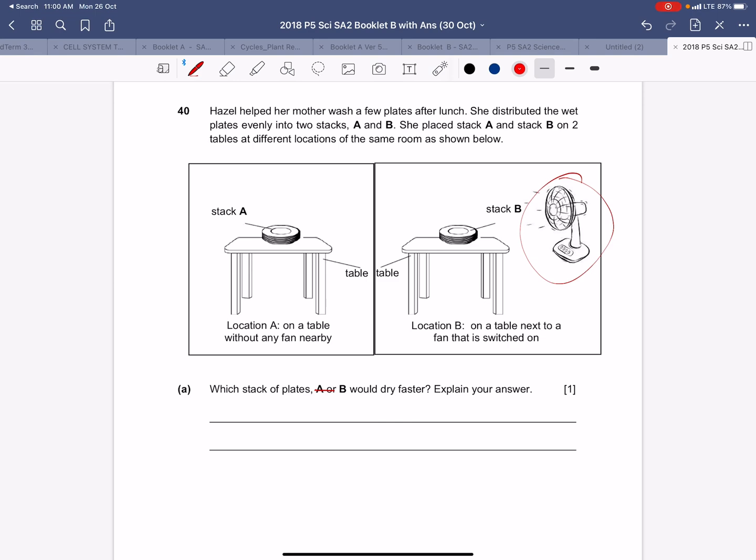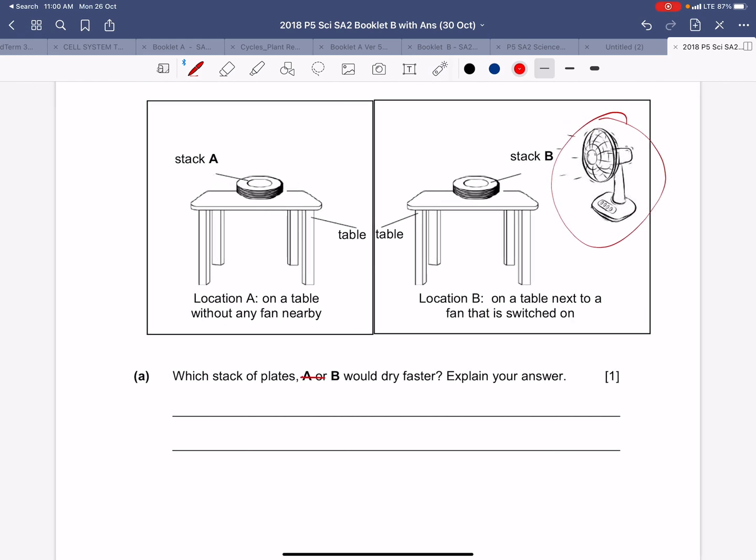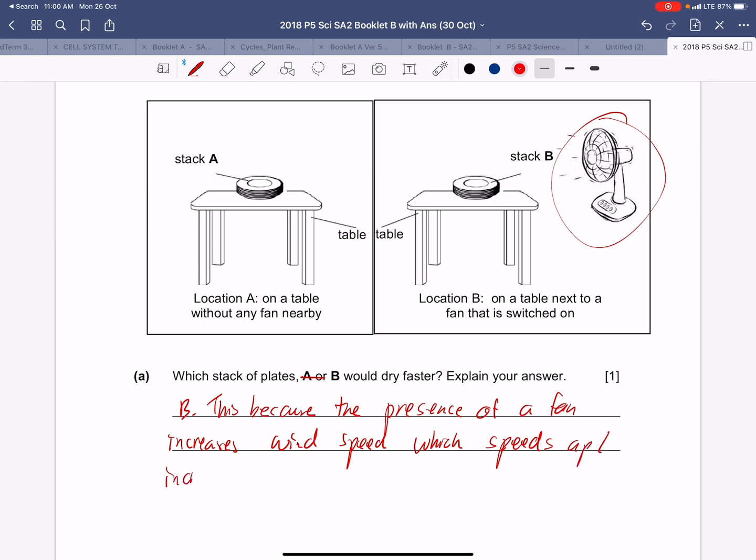Now, this is worth 1 mark. So you have to first tell me that the answer would be B. This is because the presence of a fan increases wind speed, half a mark for that, which speeds up or increases the rate of evaporation, and that's where your other half mark comes from.